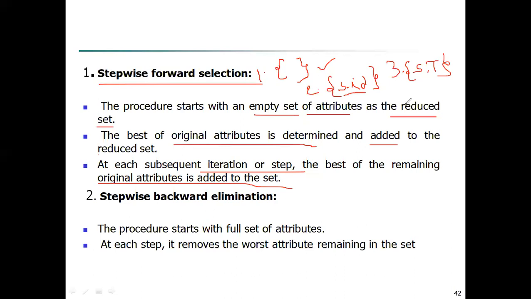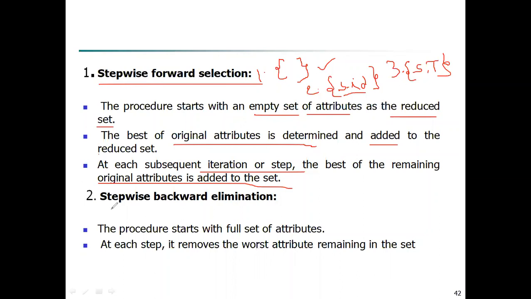After that, fourth step, SID, total marks, and after that, percentage. These are the attributes I have chosen through this stepwise forward selection. Is it clear? This is the first one.